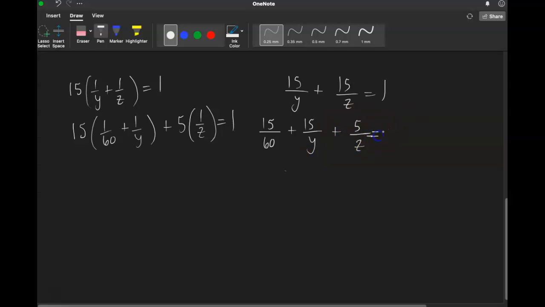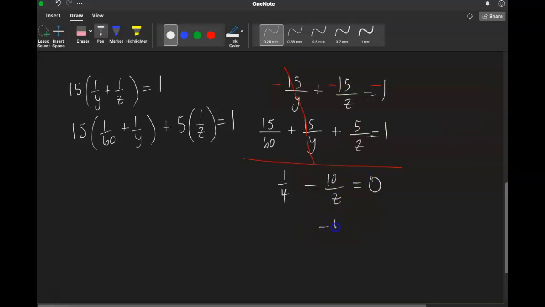Equals 1. Okay, so at this point, I see a common term, so I'd only need to make one of them an opposite, thinking about that elimination method. So I'm going to choose to multiply through the first equation here by -1 on both sides. And that way, these two terms would cancel, or really become 0. So then I'm left with, and I could go ahead and simplify that, because 15 over 60 would simplify to 1/4 minus 10 over z equals 0.